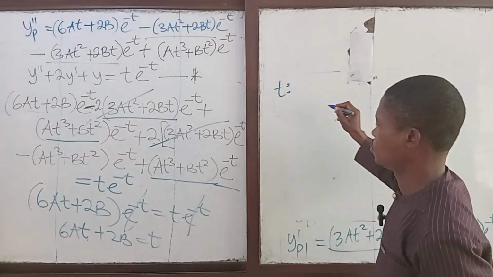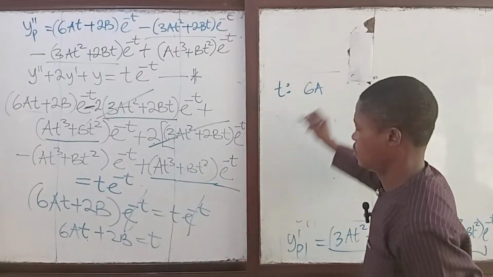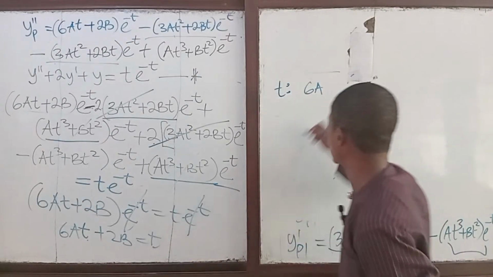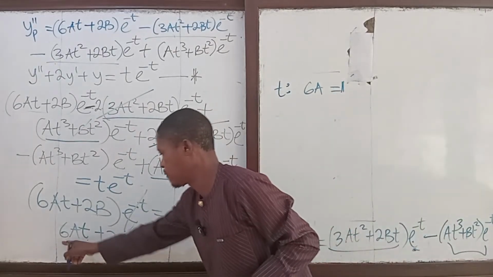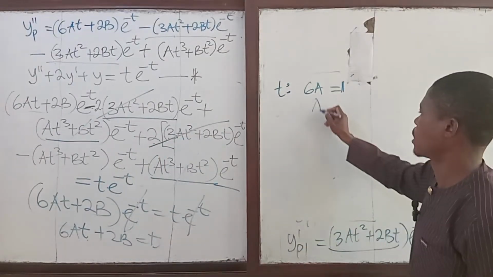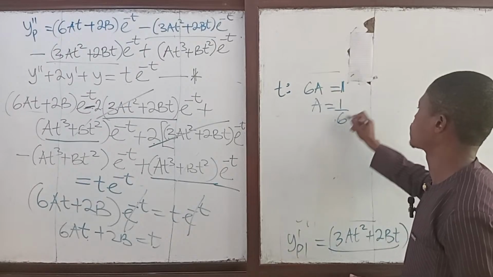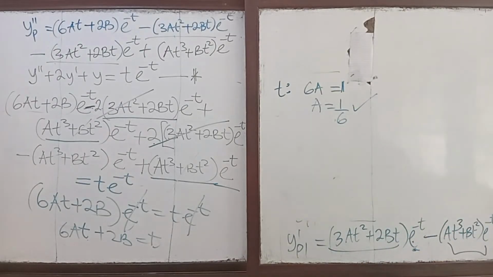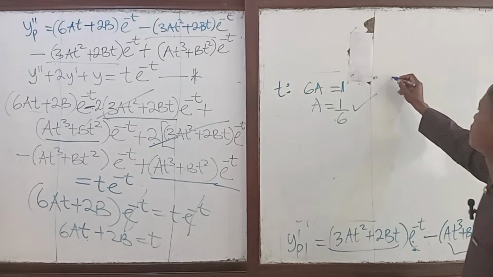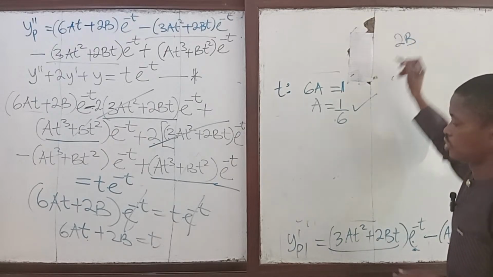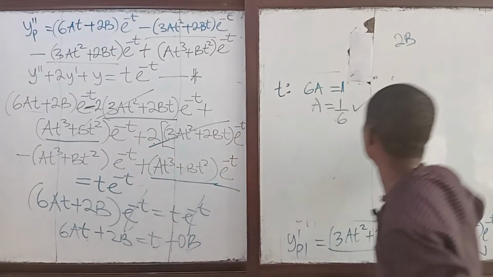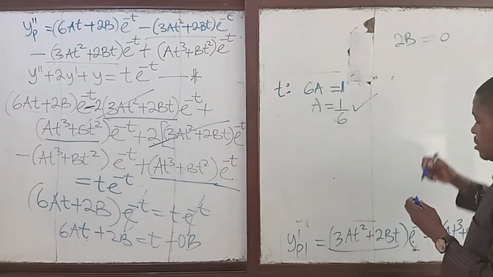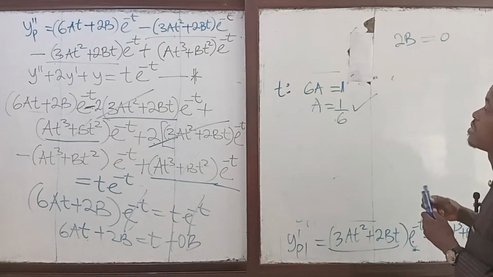So if you do that, we're going to have 6a. The coefficient of t on the right hand side is 1. Coefficient of t on the left is 6a. So a is 1 over 6. For the constant, 2b, on the other side we have 0. So b is 0.